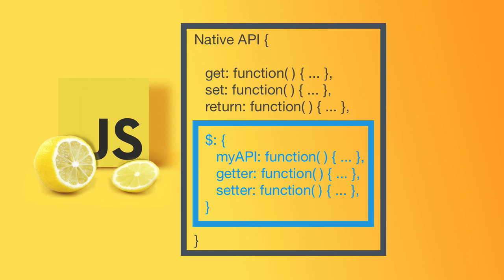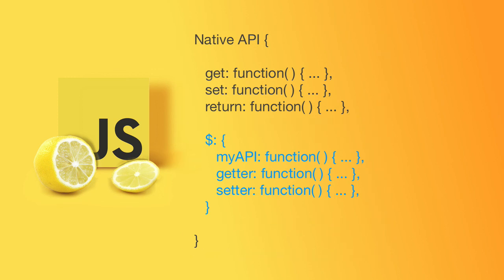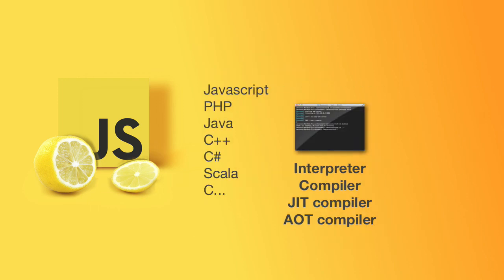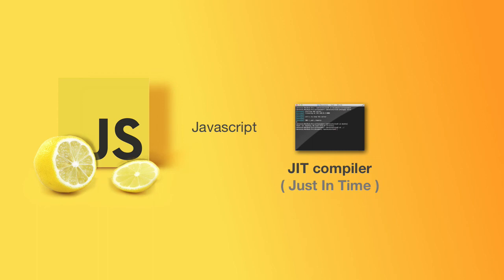Then finally, what you've discovered is about programming language execution. Programming languages can either be executed by an interpreter, compiler, JIT compiler, or AOT compiler. In the case of JavaScript, it's a JIT compiler.